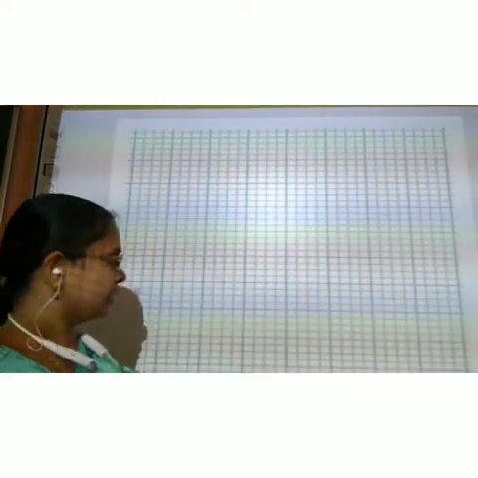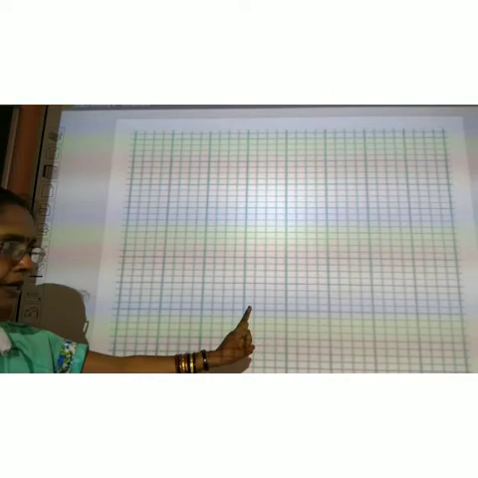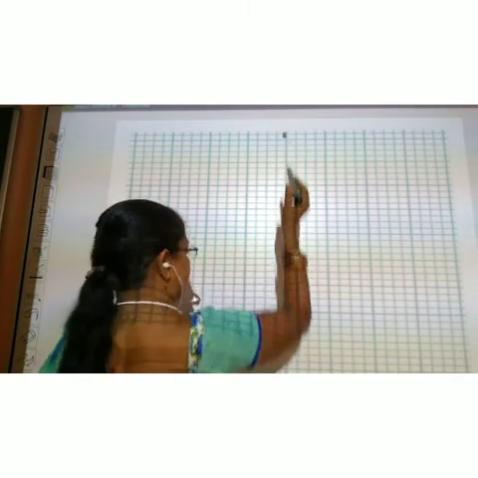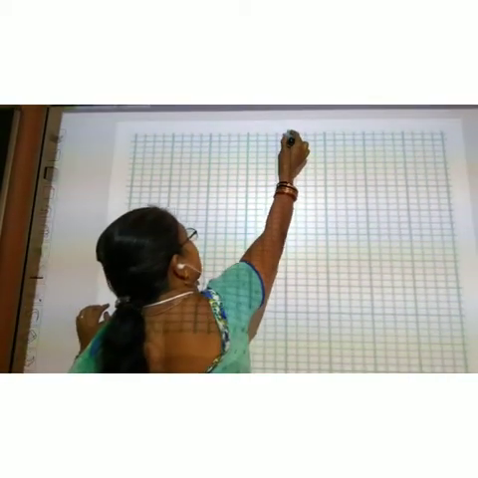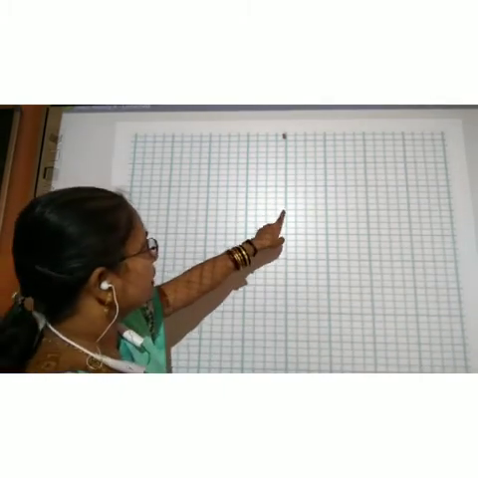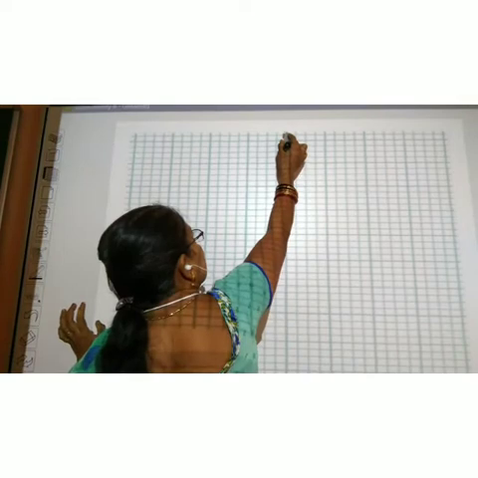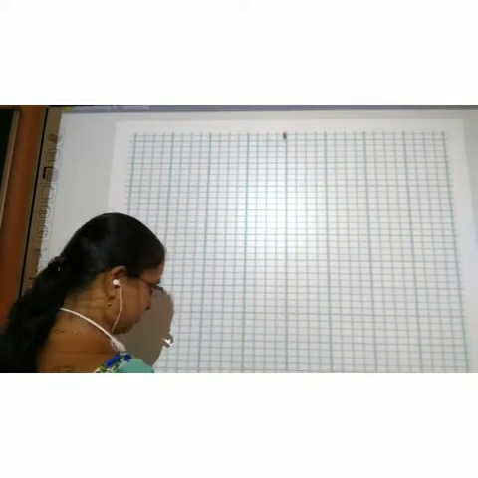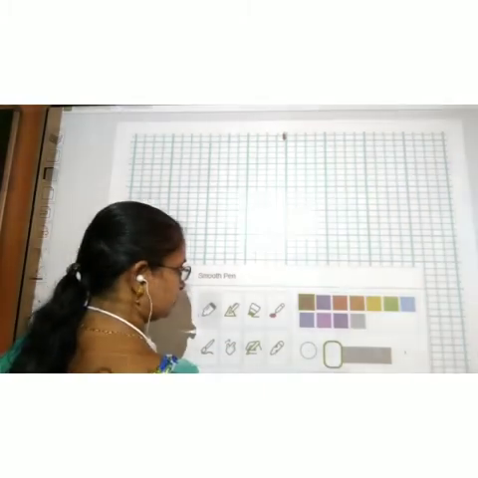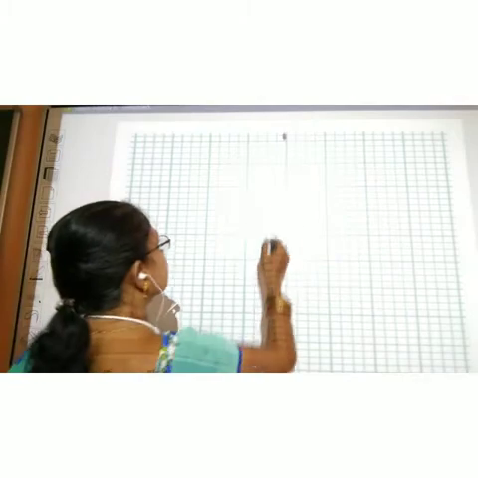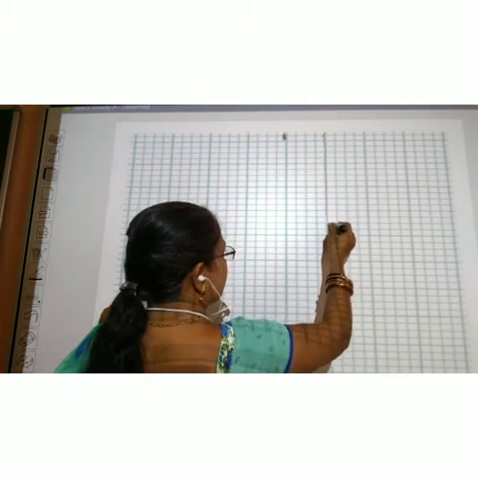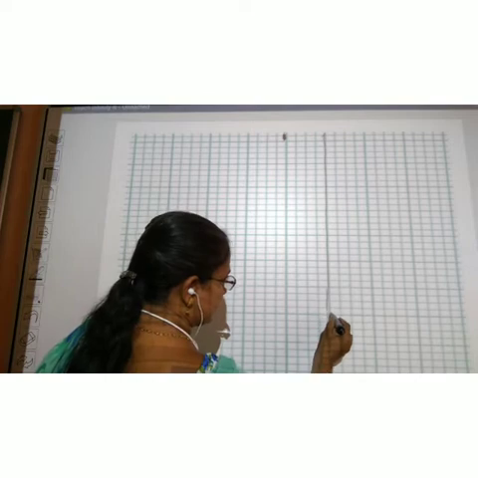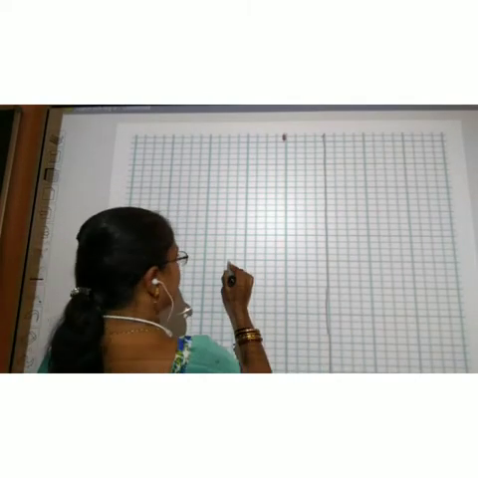If I draw two intersecting number lines, one positive and one negative, like this, on the graph paper, we draw a number line straight, and another one intersecting it.